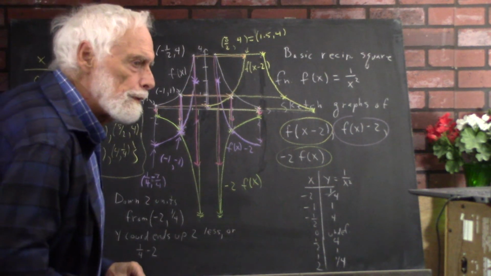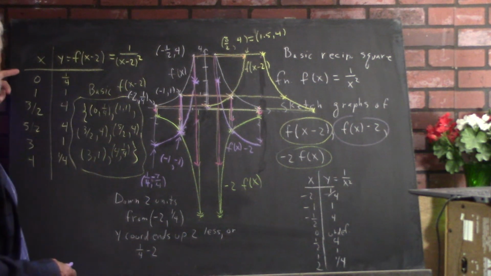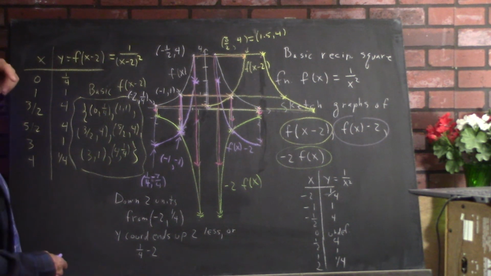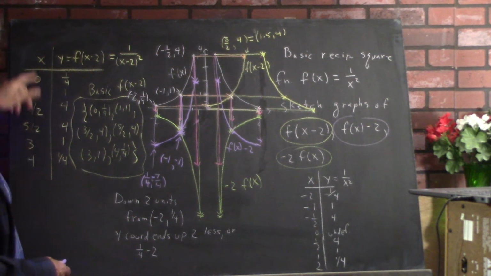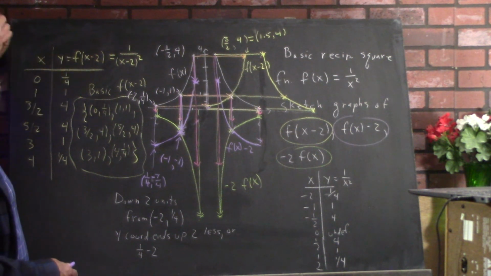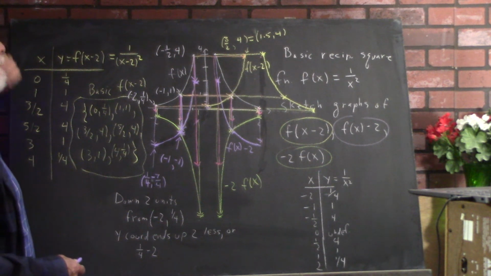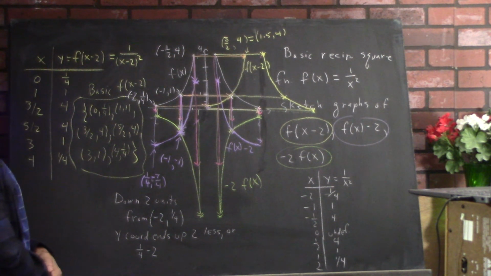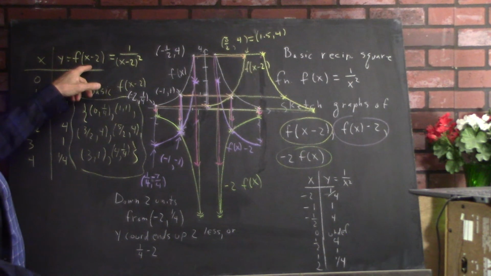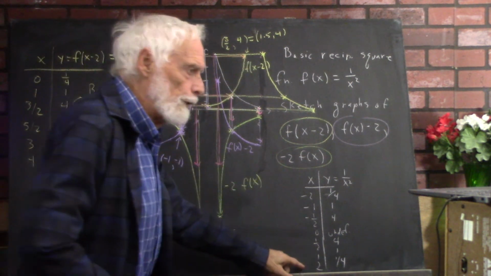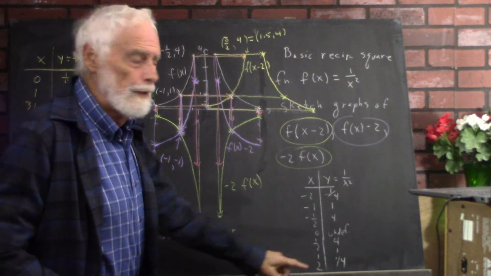Then we made a table for y equals f of x minus 2. And that table is confined to the points on f of x minus 2 that we got from the basic points of the reciprocal function.